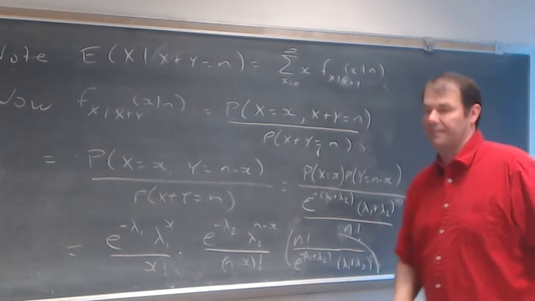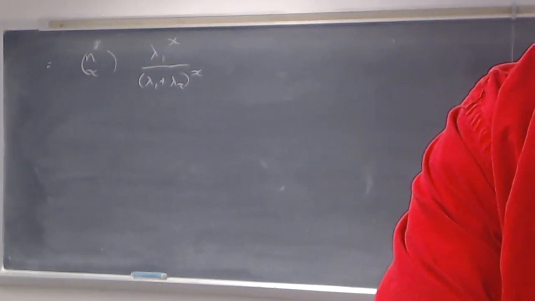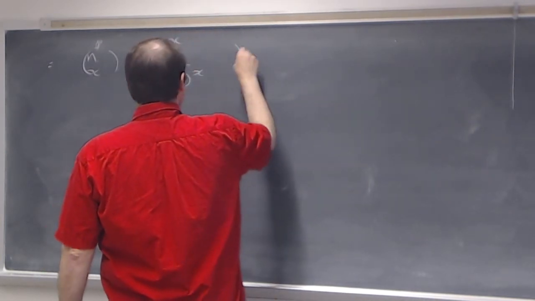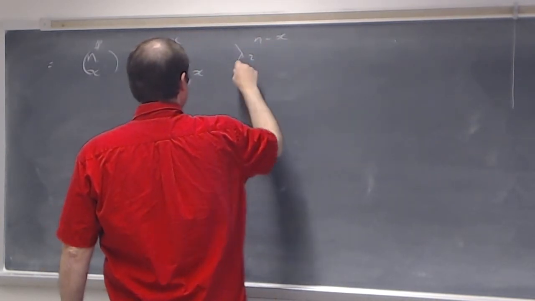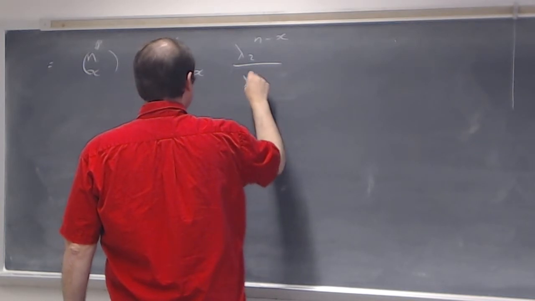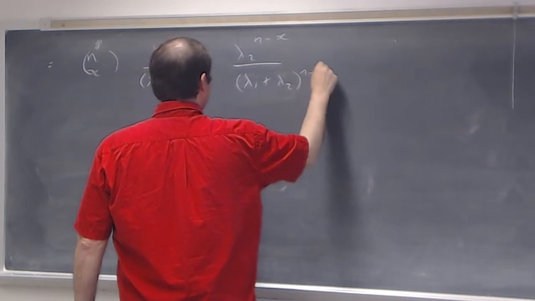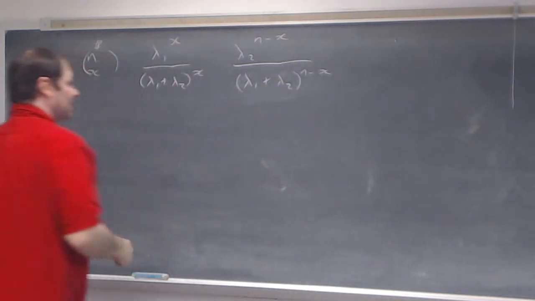So what I'm going to do is take x of those n's and stick them here. And then we have lambda sub 2 to the n minus x over lambda sub 1 plus lambda sub 2 to the n minus x. And that's exactly what we have.